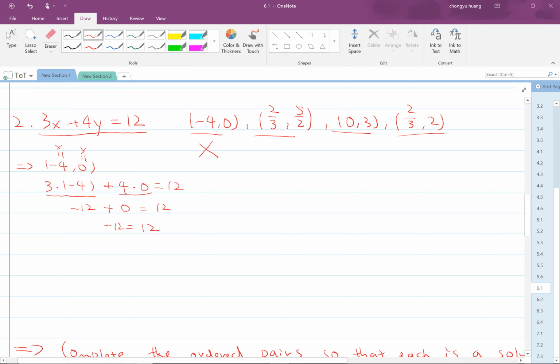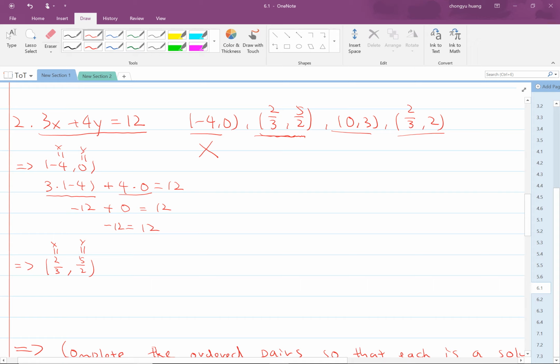Let's have a test about the second point. The second point we have is 2 over 3 and 5 over 2. As I say, x equal to 2 over 3, y equal to 5 over 2, right?